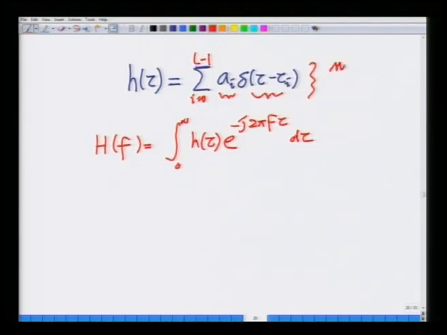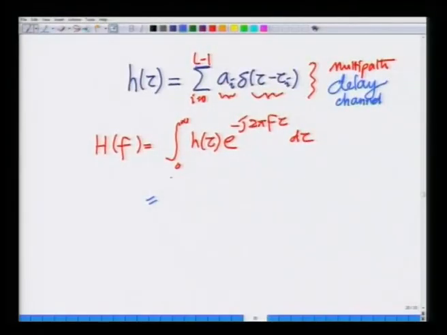This is the standard Fourier transform expression.